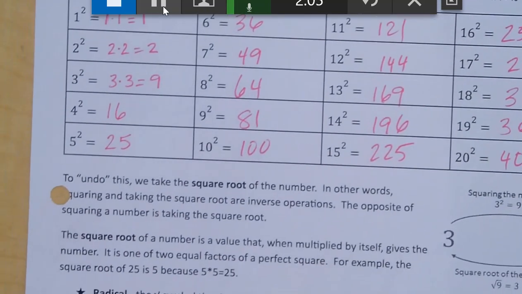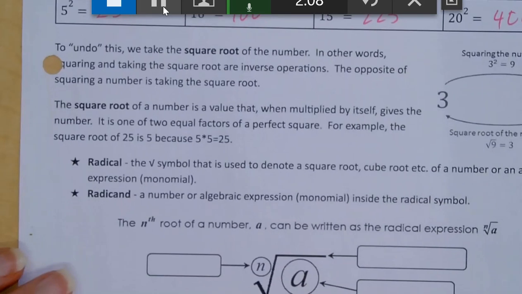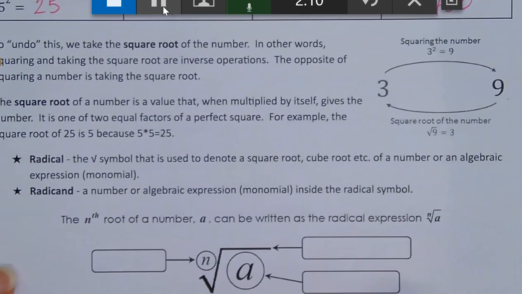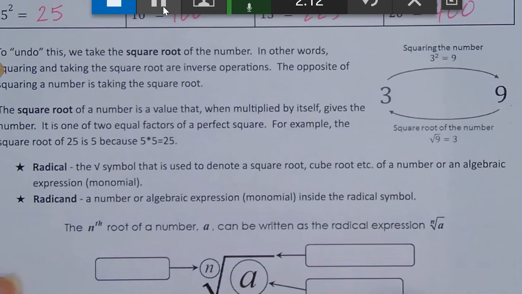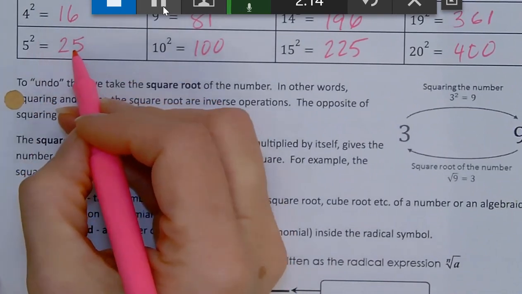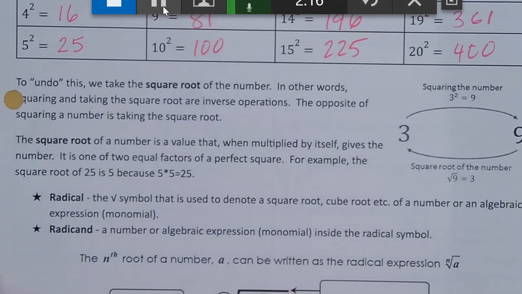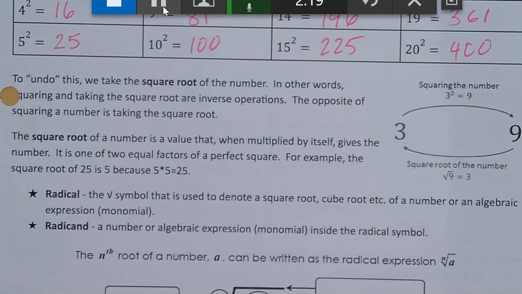All right, so I'm glad that you have that table figured out. We were squaring all of these numbers, so 5 squared means 5 times 5, which is 25. So if I have a number and I want to undo something squared, I'm going to take the square root of it.